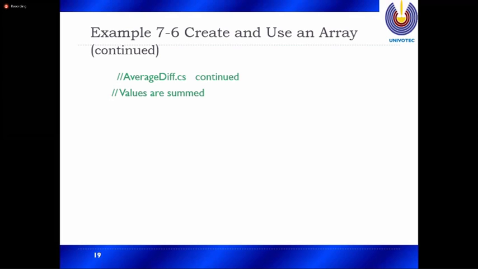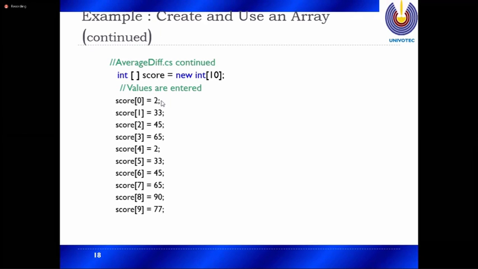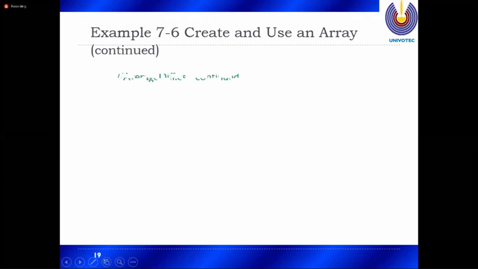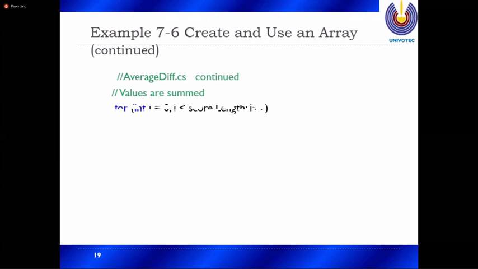We are using the for loop. We want to add the 10 numbers: first number added to the second number, then after the second number the total is there, then again the third number is added to those two numbers. We want to do that, so we use the for loop, easy to make the calculation.